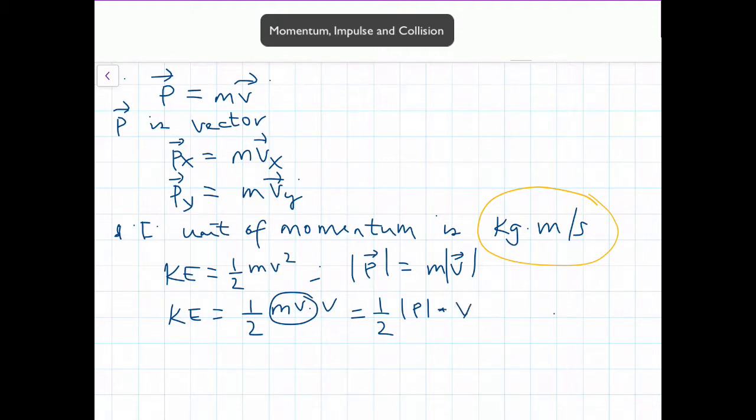At the same time, you can represent the magnitude of the velocity, or the speed, in terms of the magnitude of momentum as the magnitude of momentum divided by m. This came directly from here, it's not something new.